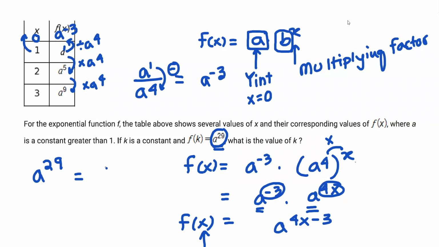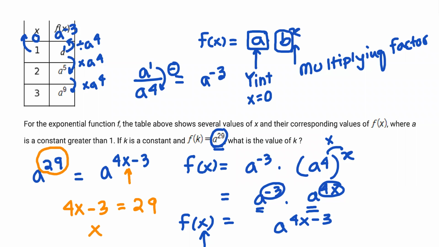And I'm getting a to the power 4x minus 3. So for what value of x are you going to get 29 in total? You can equate them. 4x minus 3 equals 29. If you solve it, you'll get x equals 8. And that's it.